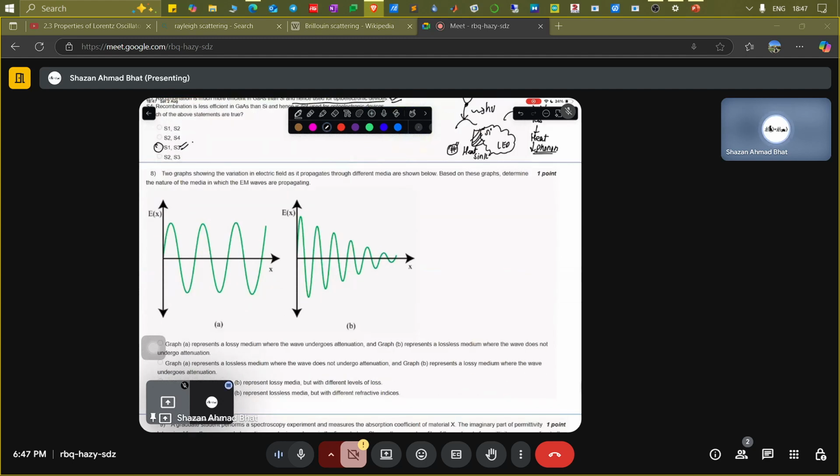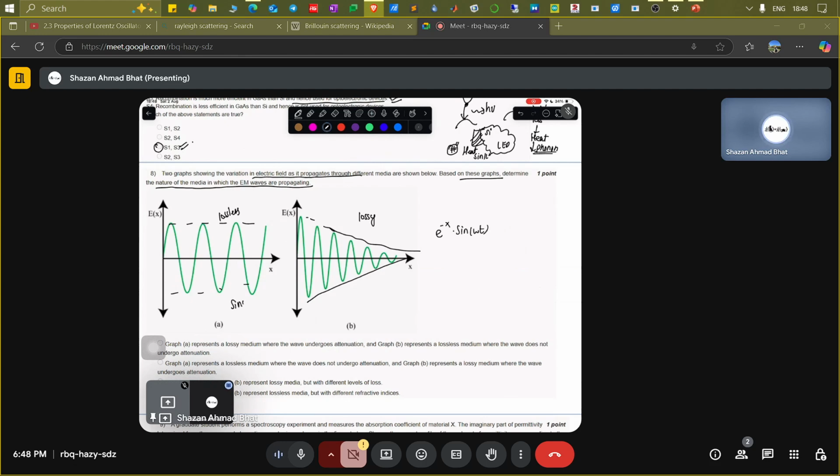Now the easiest question: two graphs showing the variation of electric field as it propagates through different media. Based on these graphs, we need to determine the nature of the medium. So this seems to be a lossy medium. This seems to be a lossless medium because the amplitude is staying the same. Here the amplitude is exponentially decaying, so it's like e to the power minus x times sine of omega t type of function.